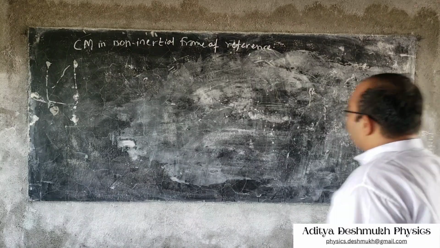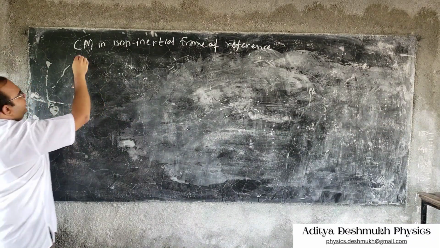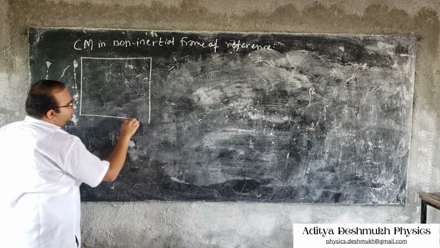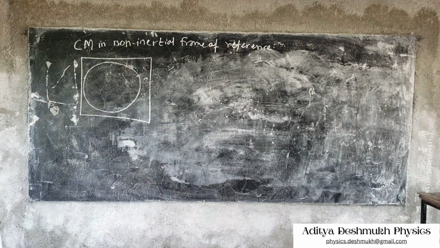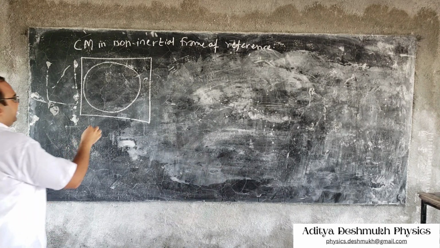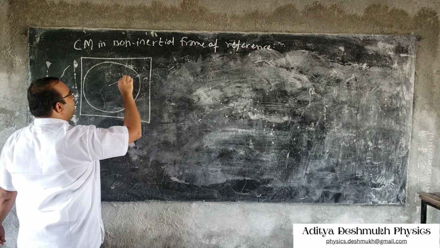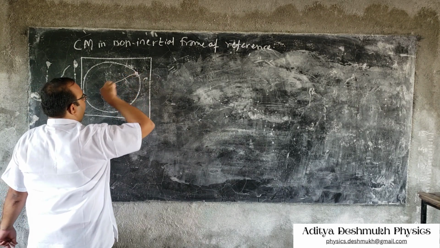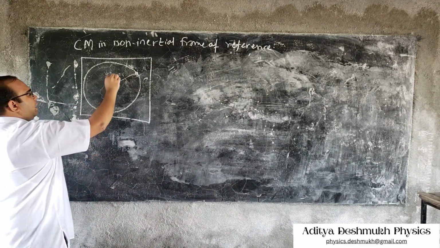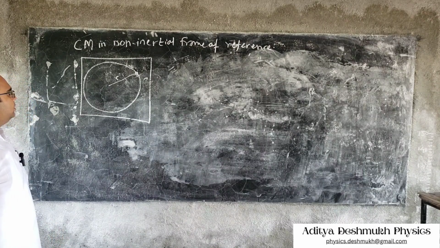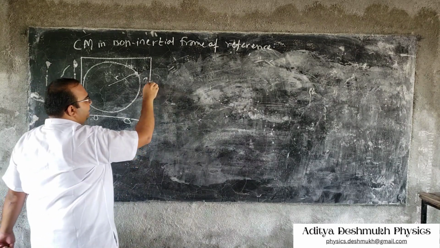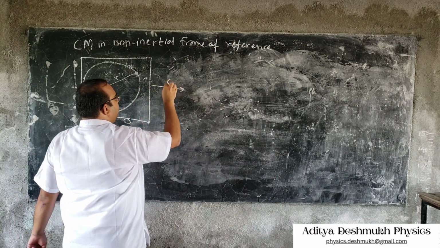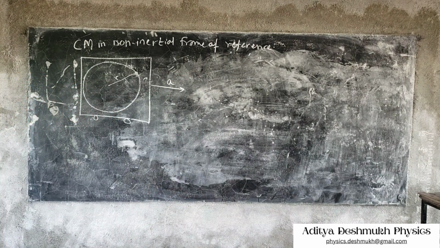Now let's assume that a particle tied to a string is in vertical circular motion and the length of the string is r, and this whole action is happening inside a trolley which is accelerating horizontally with uniform acceleration a.